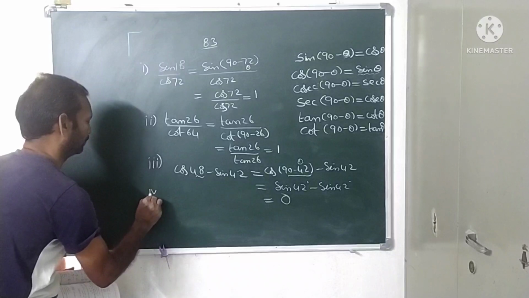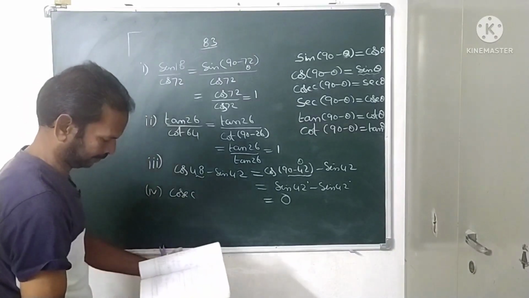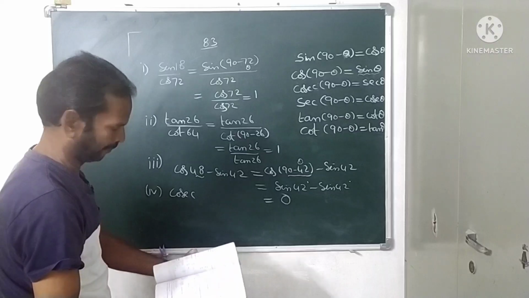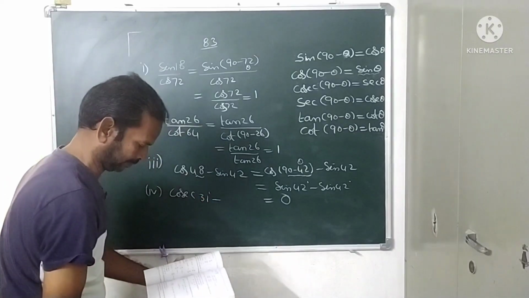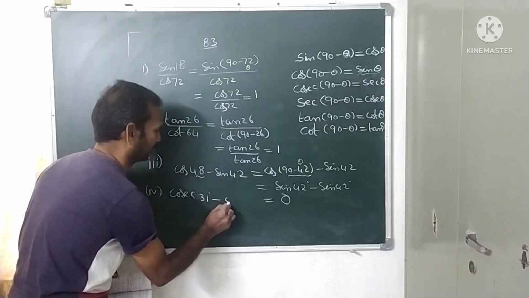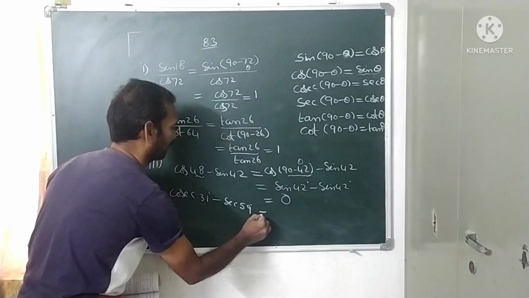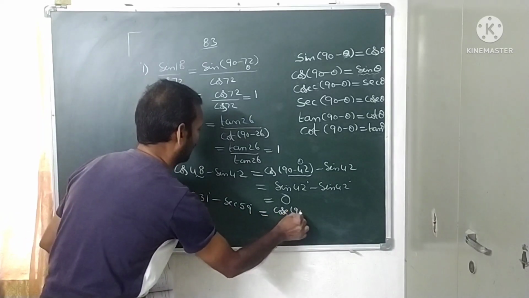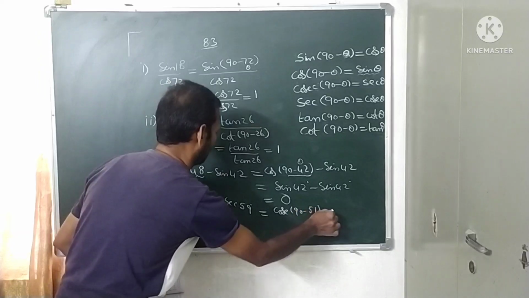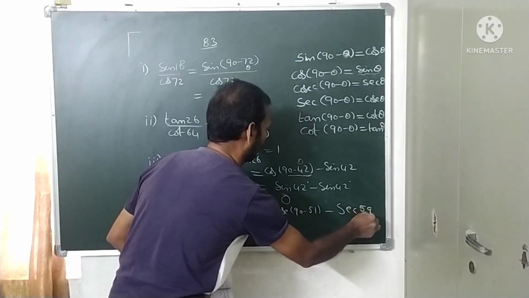Fourth one: cosec 31 degrees minus sec 59 degrees. This also, cosec of 90 minus 59 minus sec 59.